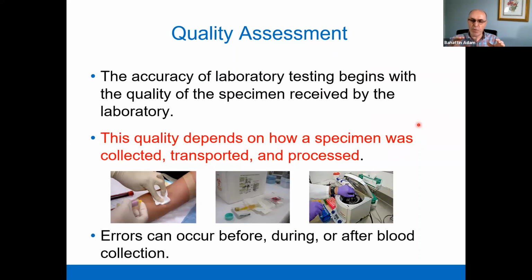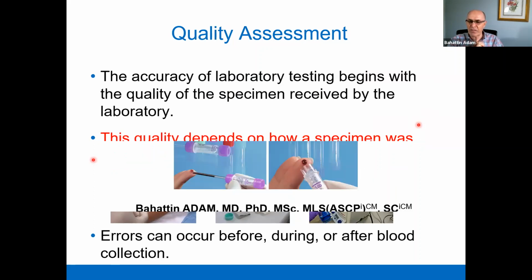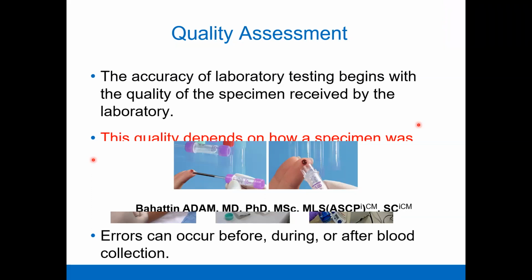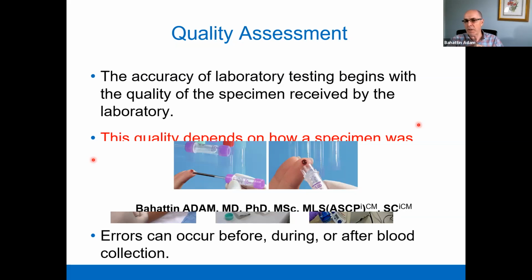Okay, for each process in the clinical laboratory, we are going to talk about quality assessment or quality control. The accuracy of laboratory testing begins with the quality of the specimen received by the laboratory. The quality depends on how the specimen was collected, transported, and processed.